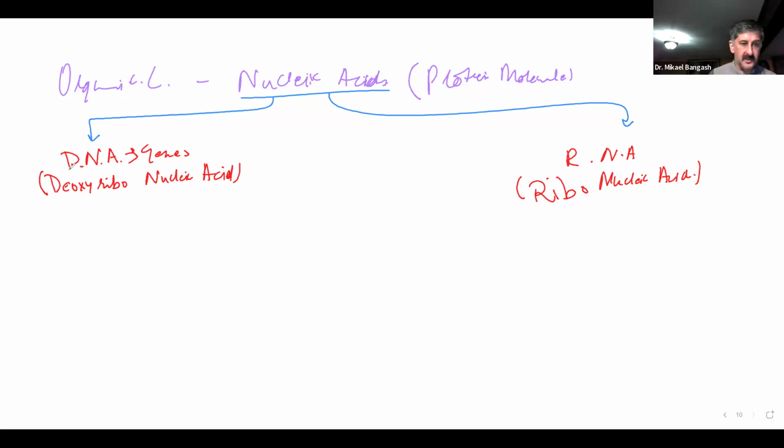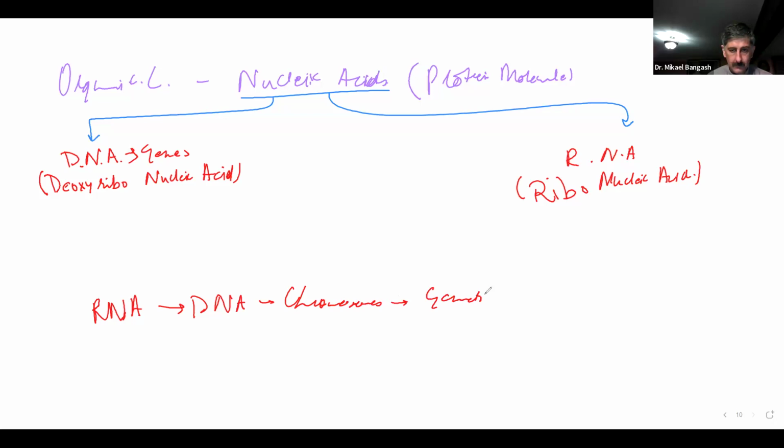But to put it this way, RNA will become DNA, and DNA will make what we can call chromosomes, which become genetic material or genes.